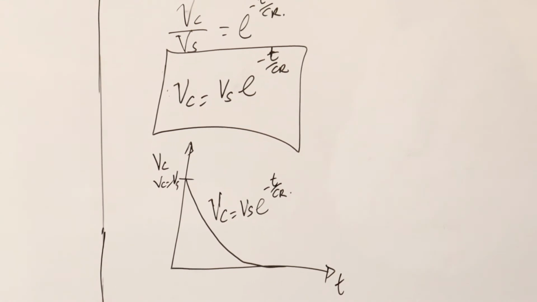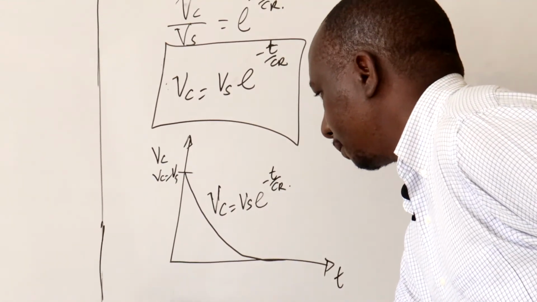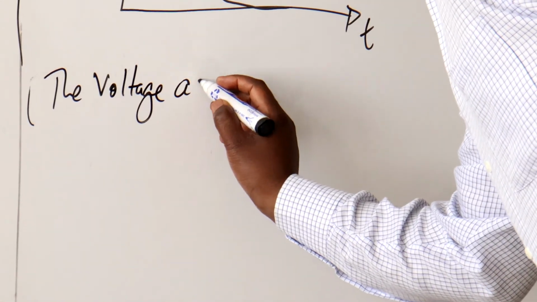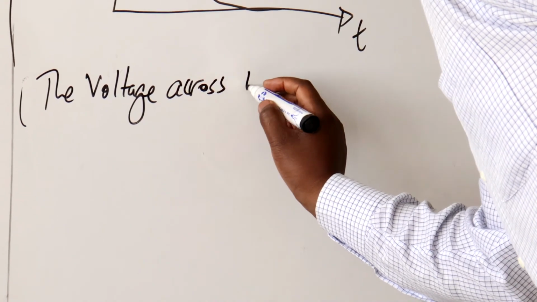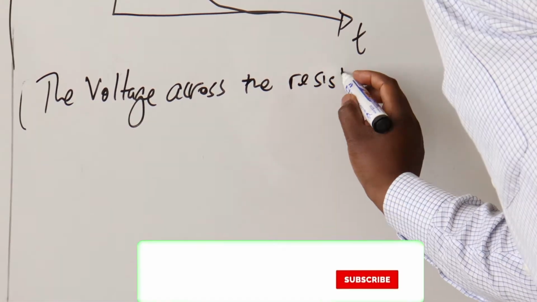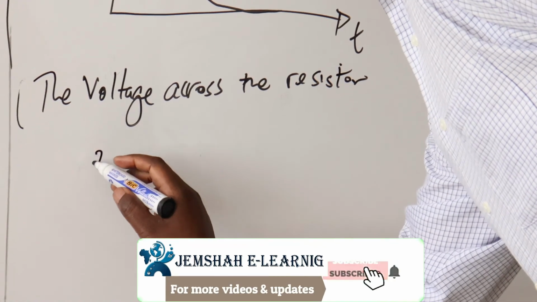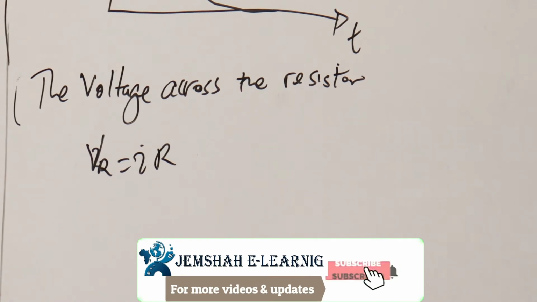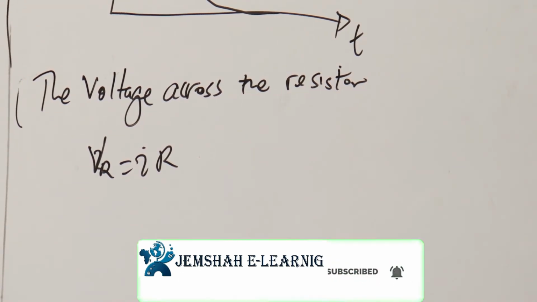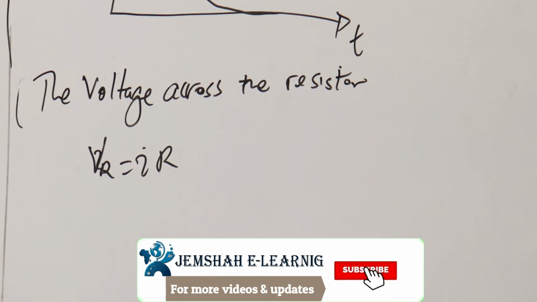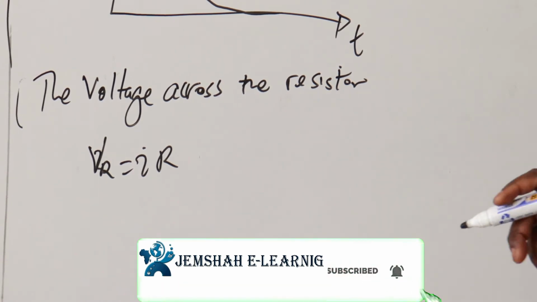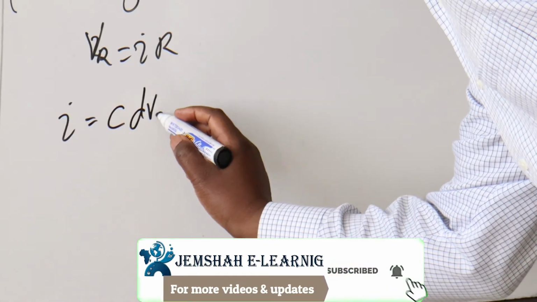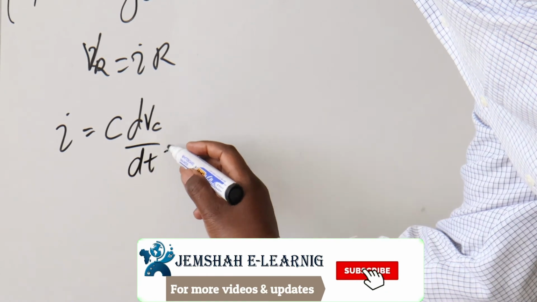We can get the voltage across the resistor. VR is supposed to be IR. But what is I? Then we must first look for I. I is supposed to be C dVC/dt.